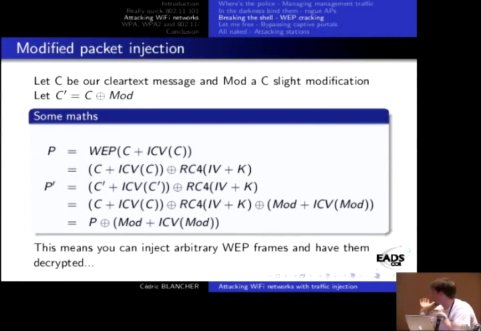In fact, just playing with formulas, you can figure out that you can modify a given ciphered packet on the network, and you don't know the key. You can modify it in a way that CRC will still be good in the end.